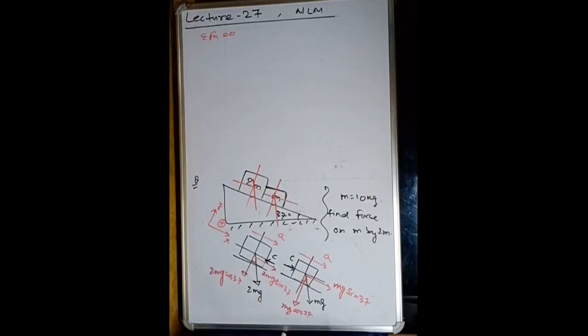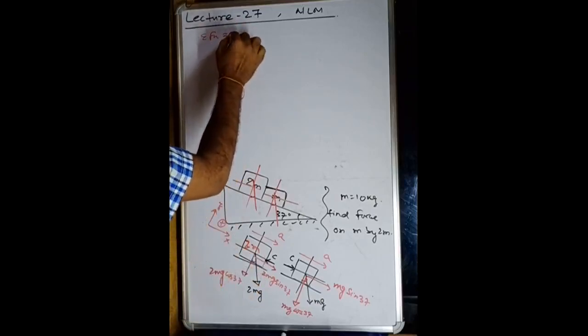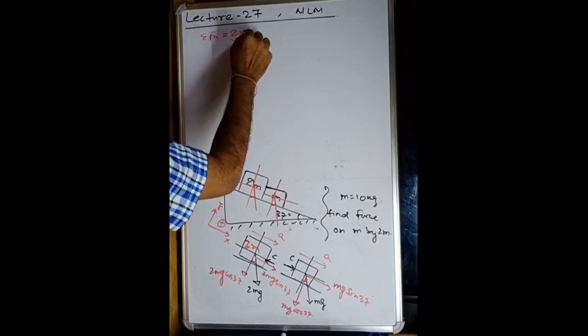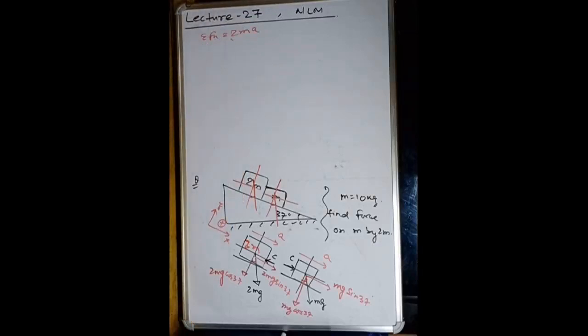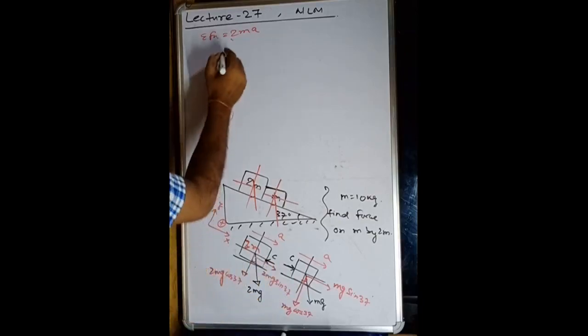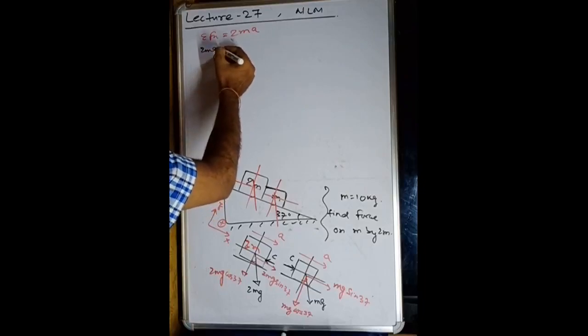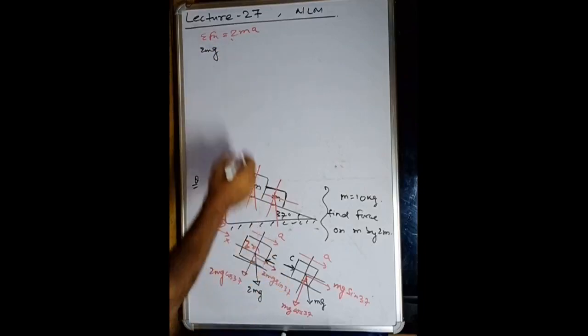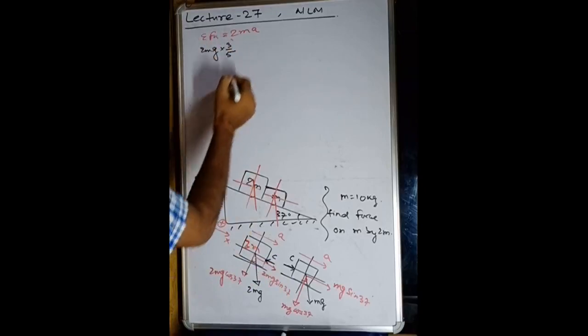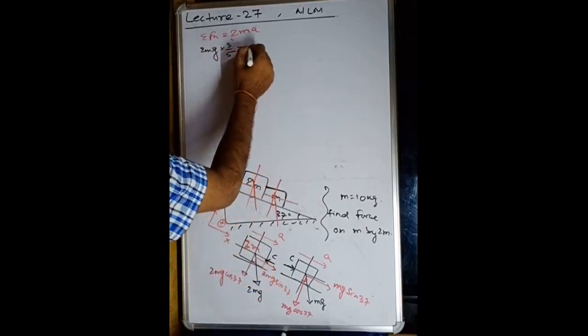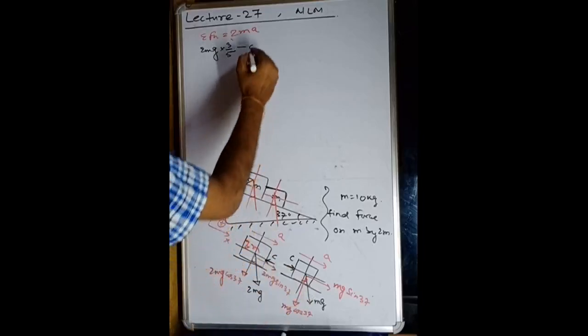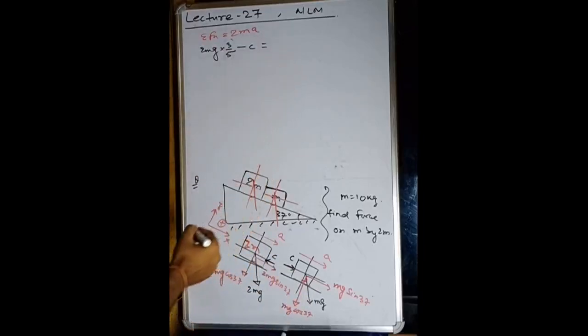Alright. So what we will write here: in the backward direction there is one force, and it is C. The mass is twice m. So we will write sigma Fx equal to mass times acceleration, and the mass is 2m, so 2m a. The system is moving in this direction. 2mg sin 37, which is 3 by 5, minus C, this force in the upward direction, equals 2ma.